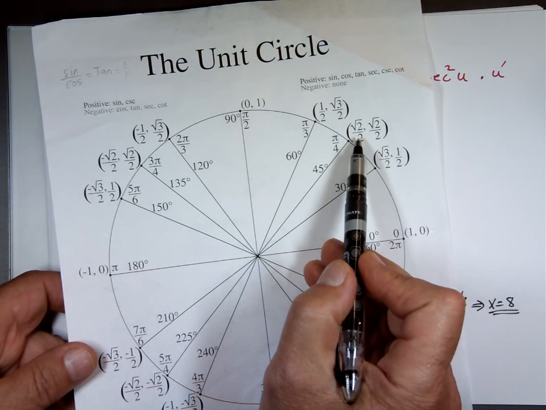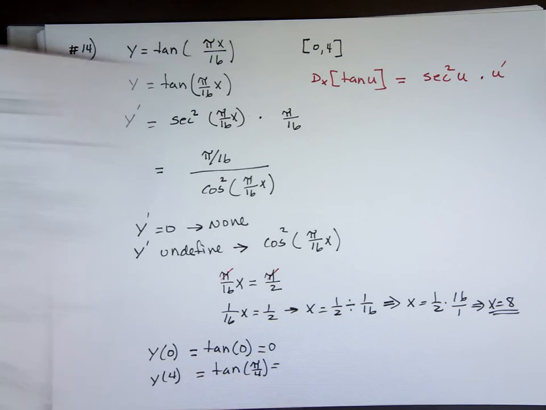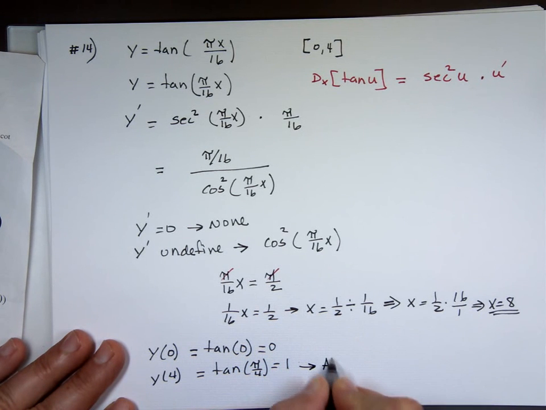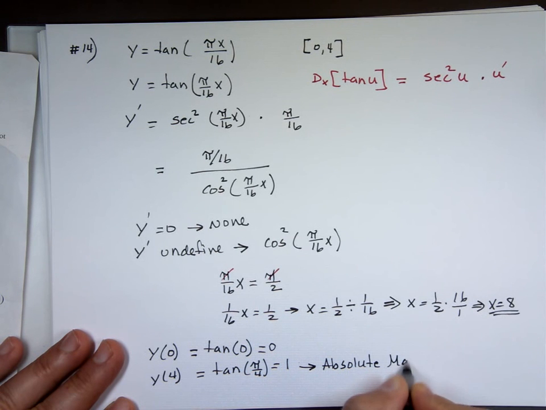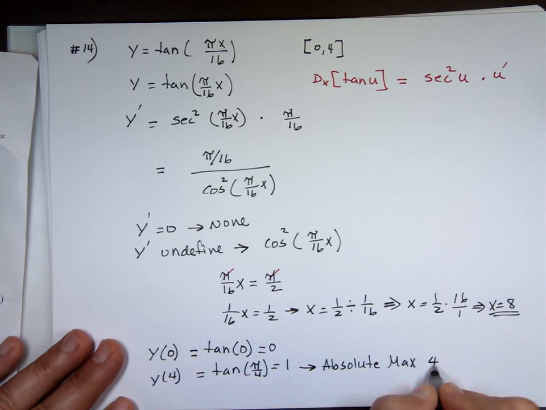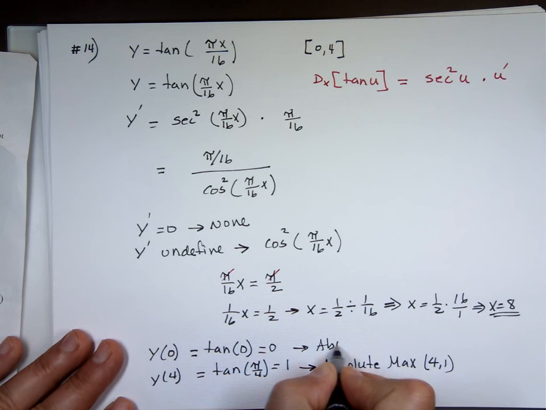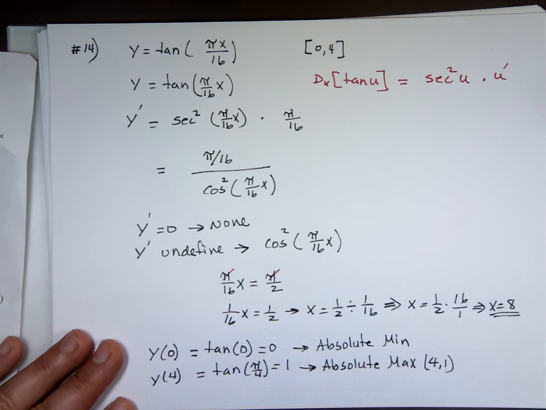These numbers are the same. When you divide them, the answer is what? 1. This is your absolute max, at 4 comma 1. This is your absolute min, at 0 comma 0.